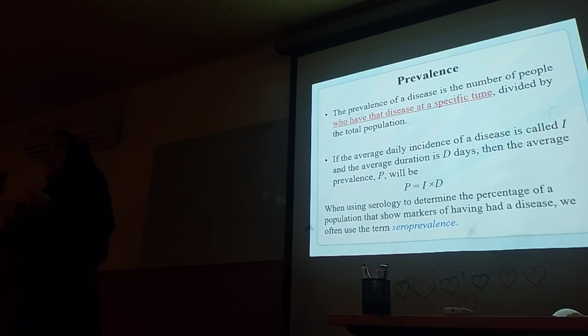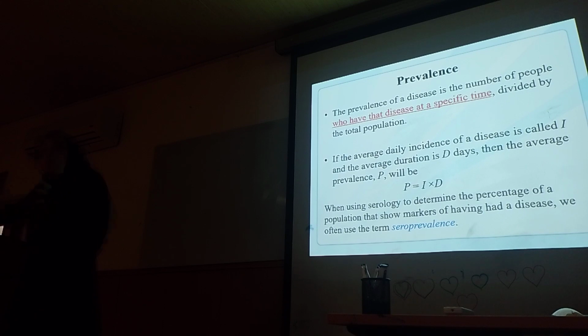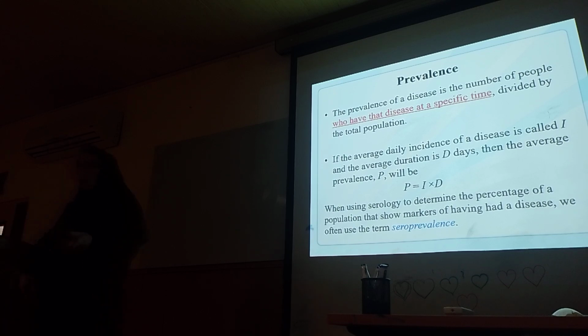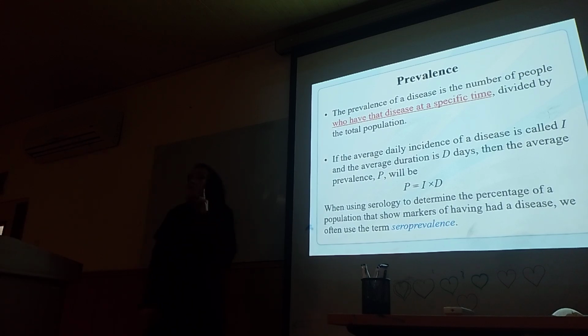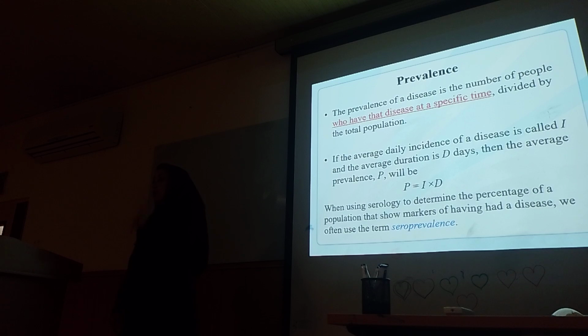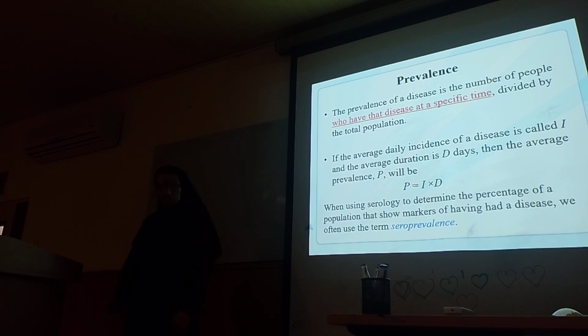Because with better treatment, the number of people with that disease might increase. It is not always a bad point. Sometimes it is a good point. It shows us the better treatment for that community. So these important points should be taken into consideration when you want to compare two diseases in two communities. Okay?